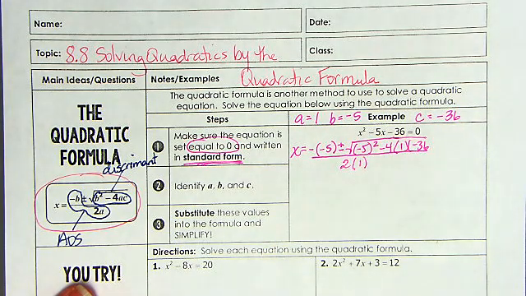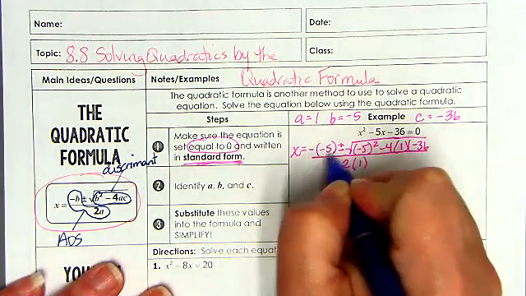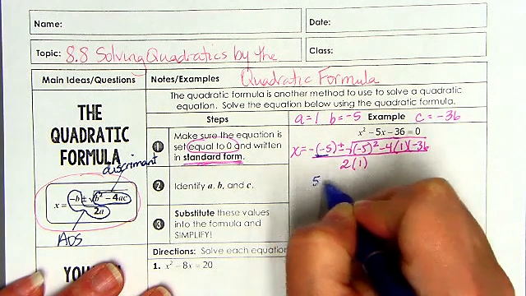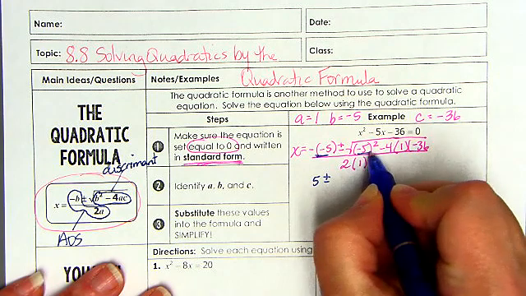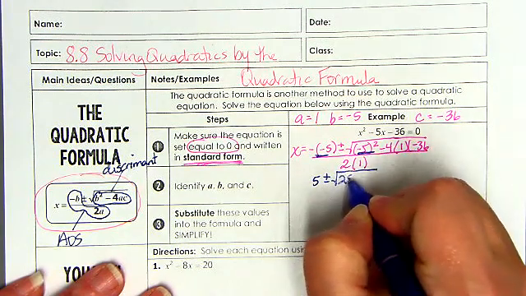And now we simplify. I'm going to have the negative times a negative, so that's going to give me a +5 plus or minus. Now I can do the -5 squared, so that's going to give me underneath the square root symbol, 25.